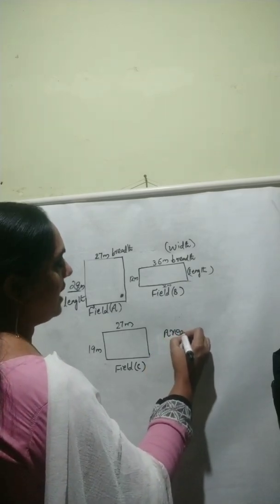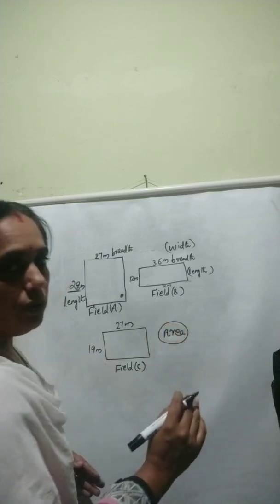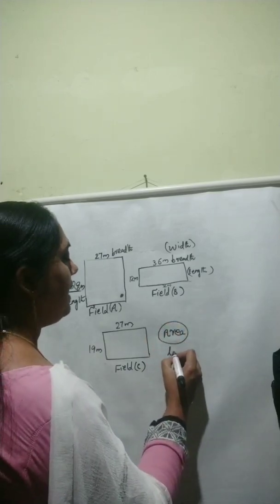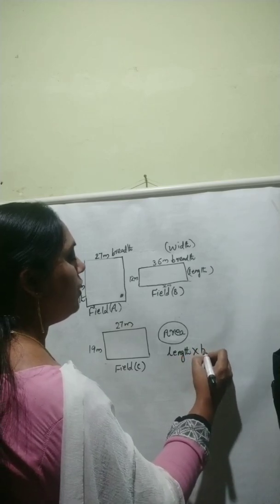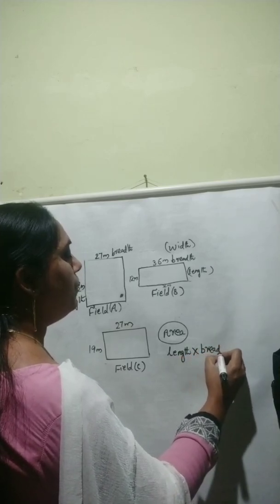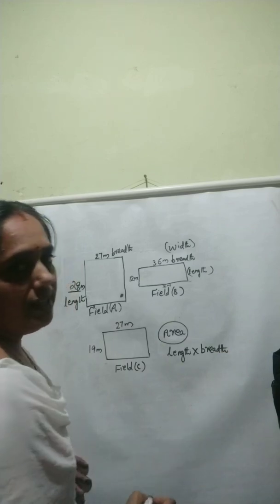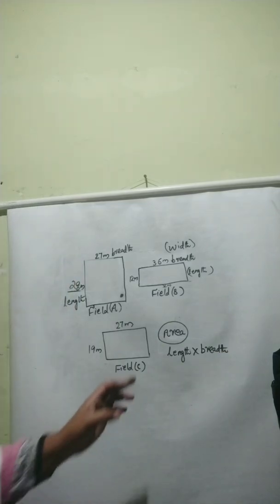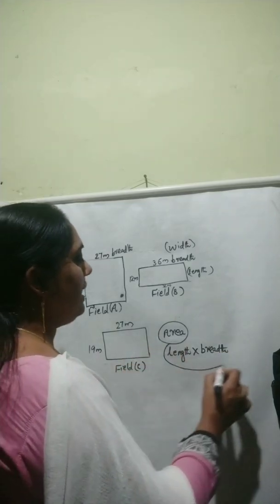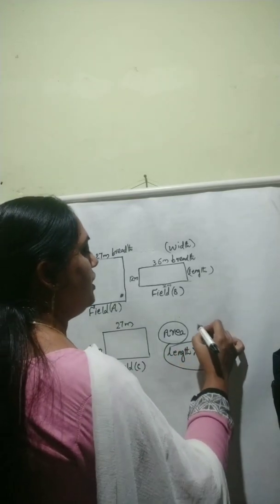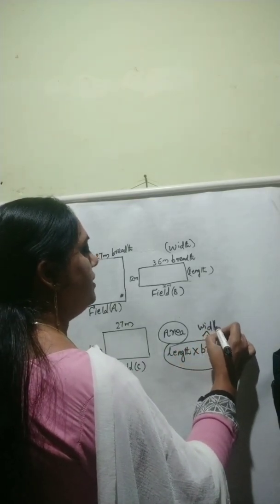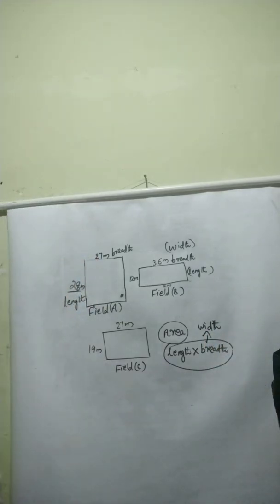So here, how can we find the area? We will study the formula just now. That is length into breadth, or width. By multiplying length and breadth or width, it may be width or breadth, both are the same.